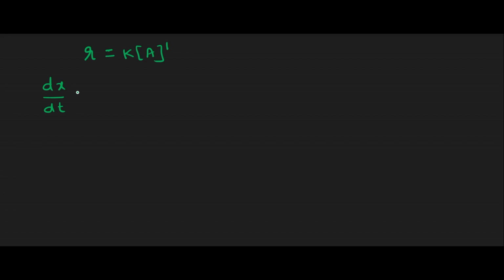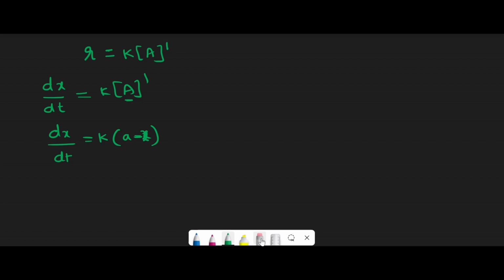So dx by dt is equal to k into A to the power of 1, where A is the concentration of reactant after some time, that means a minus x.